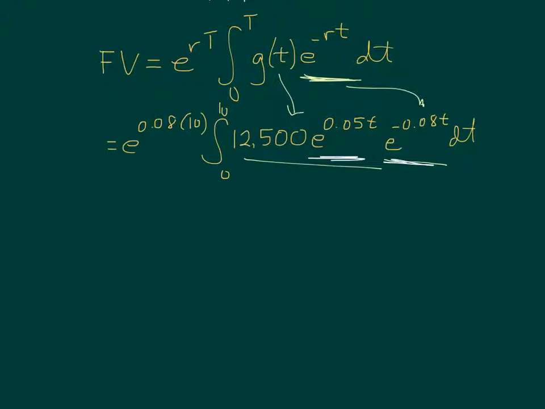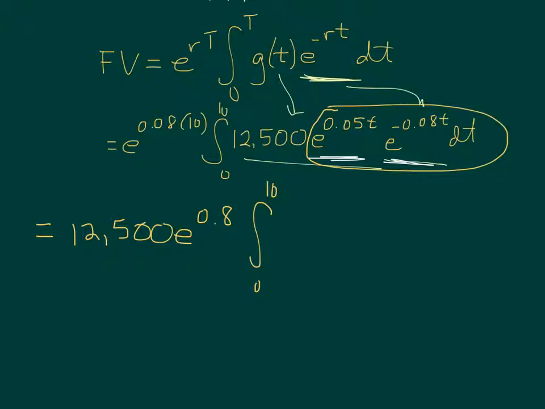So I'm going to get a whole bunch of this out front, meaning I'm going to put the 12,500 out front. This, of course, again is going to be e to the 0.8. And my integral from 0 to 10. What I have left is this piece right here. As I mentioned, when the bases are the same, you add the exponents.